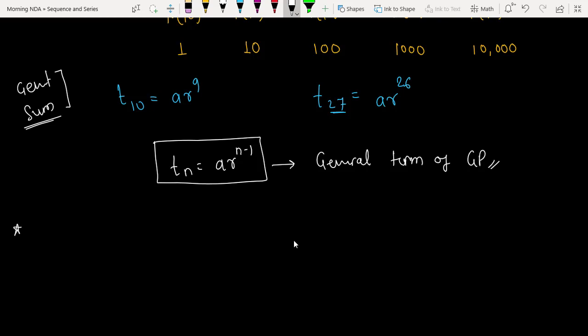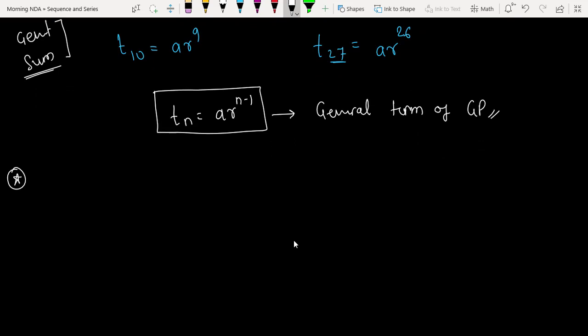Now let's move to the sum of a given GP. Let's see what the sum is. We will take the same example: 1, 10, 100 and 1000. The common ratio is nothing but 10.